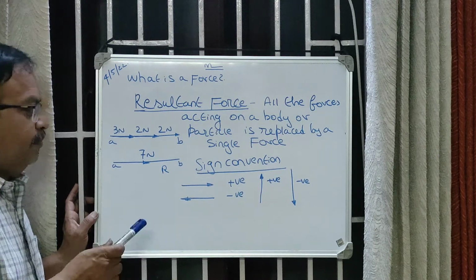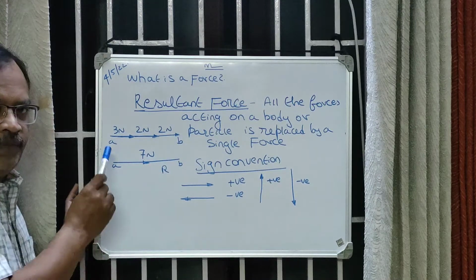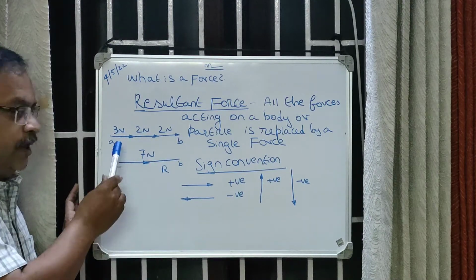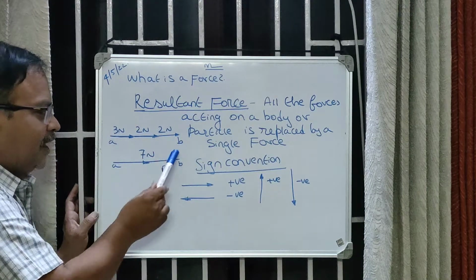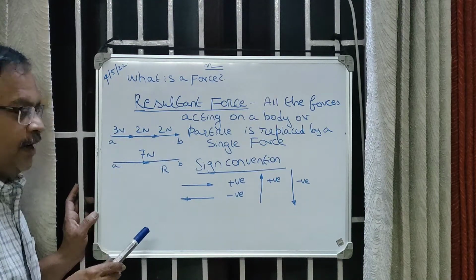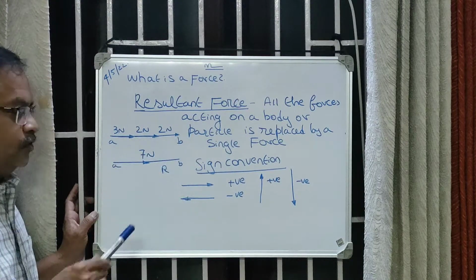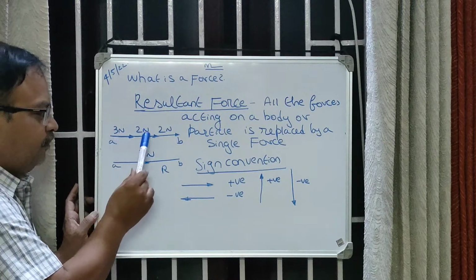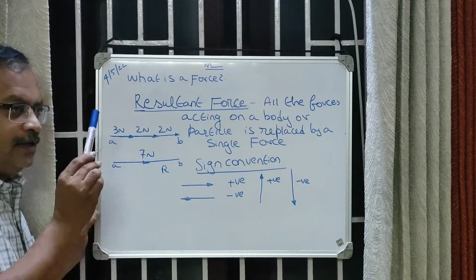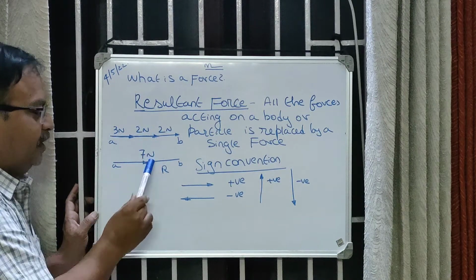Let me explain with an example here. Now here three forces are acting between A and B. Say 3 Newton force, 2 Newton force and 2 Newton force. So this constitutes a collinear force system, because all the forces are acting along a single line. Now these three forces are replaced with a single force, that is 3 plus 2, 5 plus 2, 7 Newton.